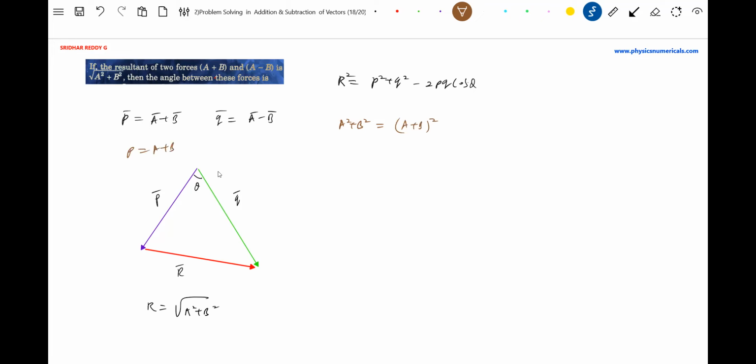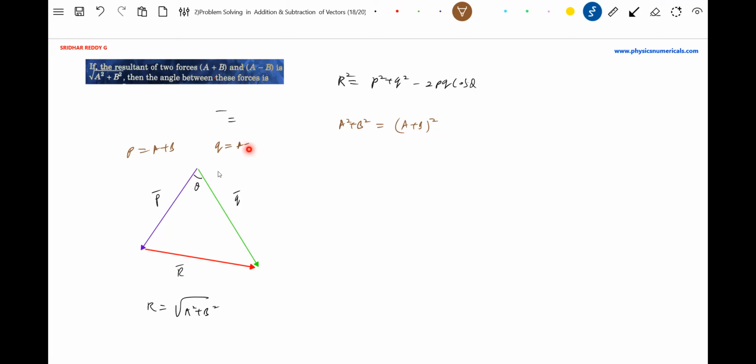P will become A plus B. Q will become A minus B. So what are the two forces? The magnitude of P is A plus B. Again, what are A bar, B bar? Let's not bother. I'll take it out because he has not mentioned.